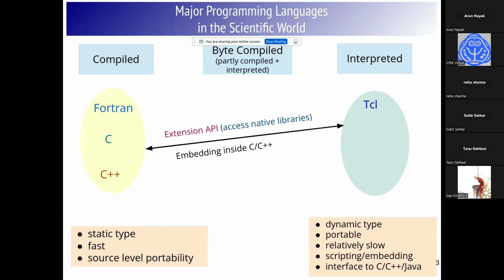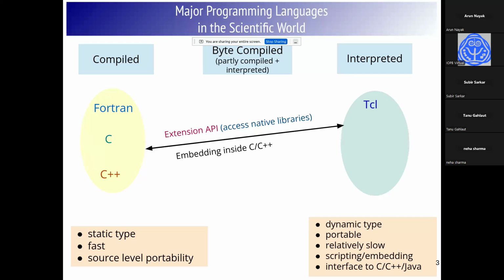So the compiled languages use static types. We'll not discuss much about the compiled languages in this course. They are absolutely fast, blazing fast, and that is why they are needed. And there is portability, which is a very important thing: whether I can give you my application and you can directly run it. For these compiled languages, the portability is at the source level.